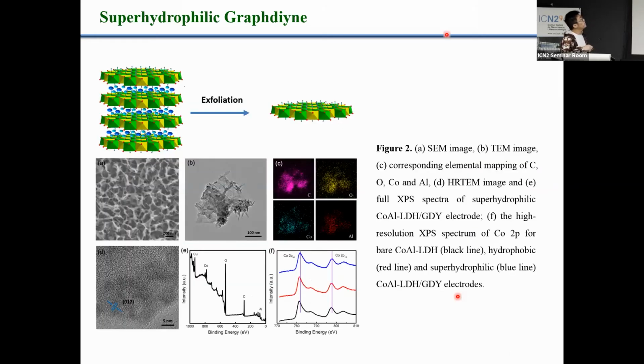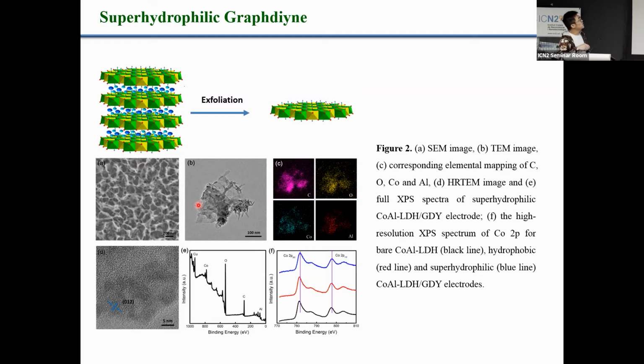Next, we assembled the LDH catalyst on this superhydrophilic graphene. We first exfoliated the LDH to get single-layer LDH, and then we assembled this LDH on the superhydrophilic graphene by electrostatic interactions. And this is some characterization after it was assembled.